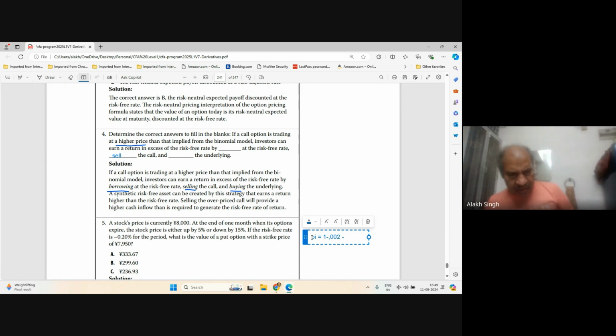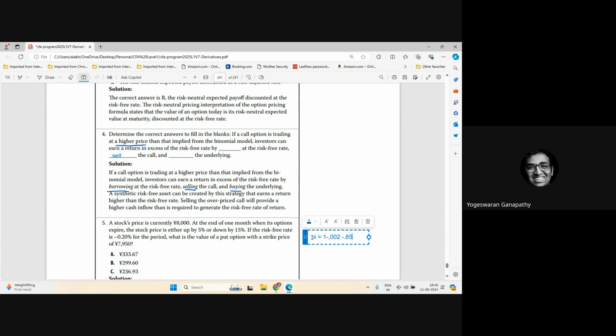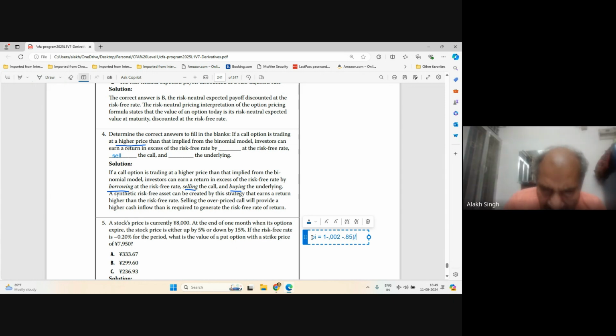And minus D. Down by 15%, so 0.85. This entire thing is divided by up by 5% and down by 15%, which is 0.2. That's how we will calculate pi.